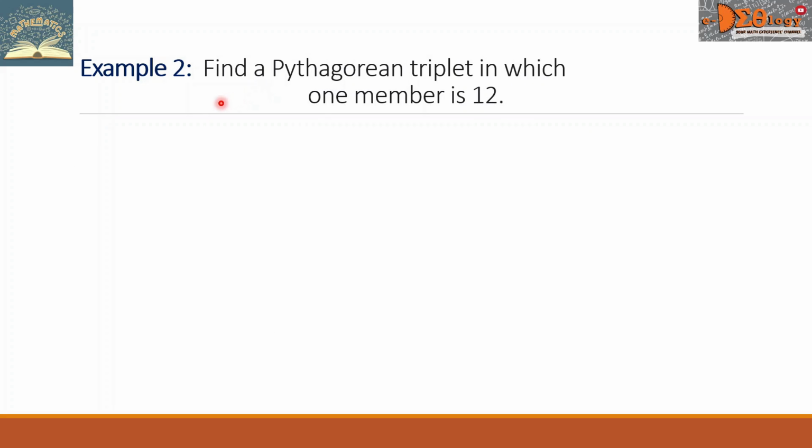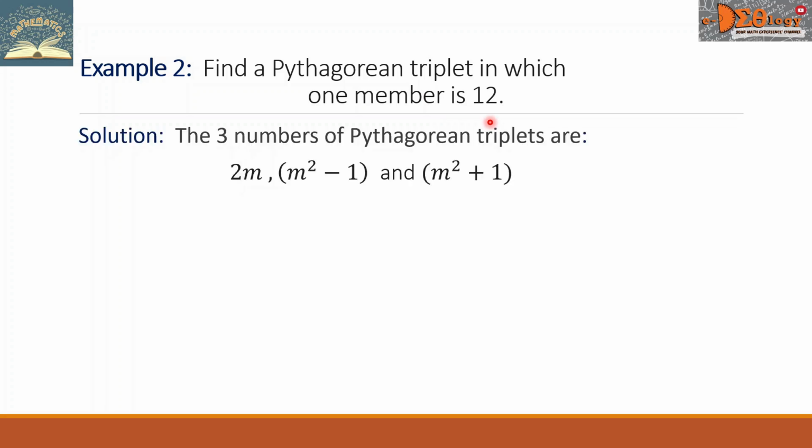Example 2. Find a Pythagorean triplet in which one member is 12. The three numbers of Pythagorean triplets are the values 2m, m square minus 1, and m square plus 1, where m is a natural number.